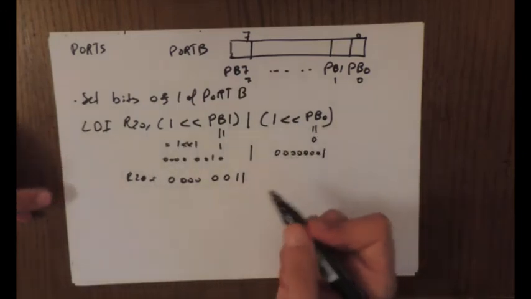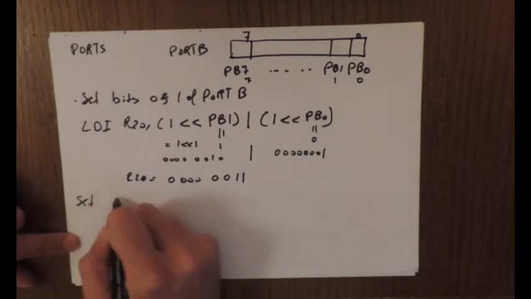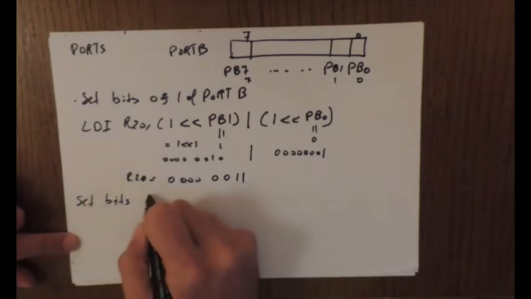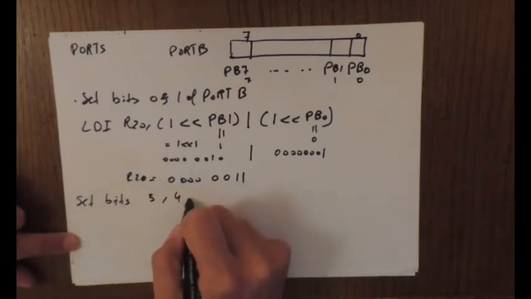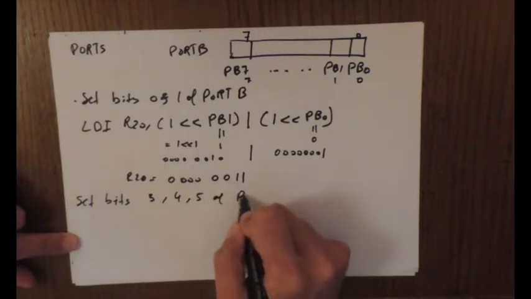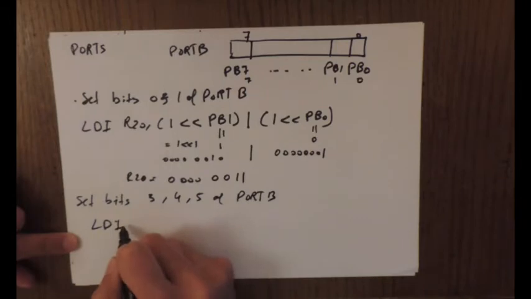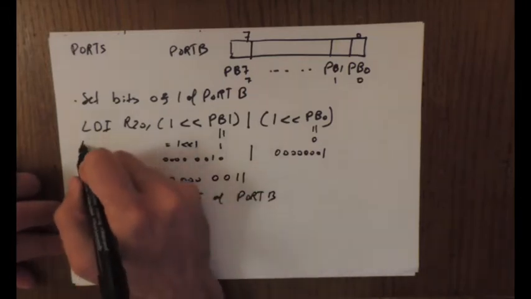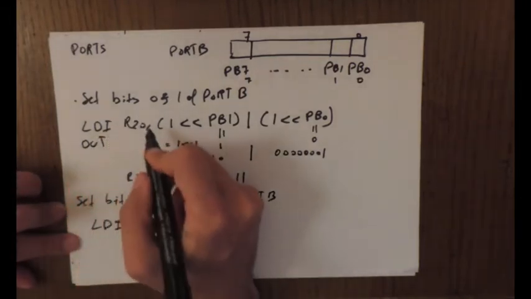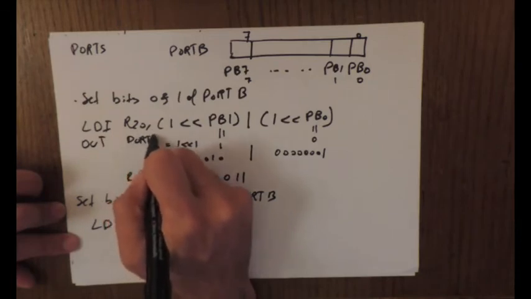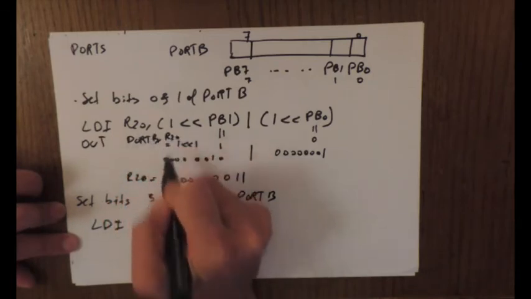And if I ask you to set bits 3, 4 and 5 of port B, it will be easy. Of course here we need to have out PORTB, R20.